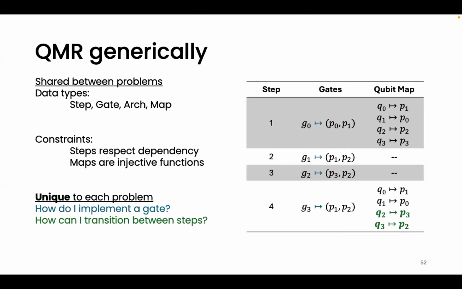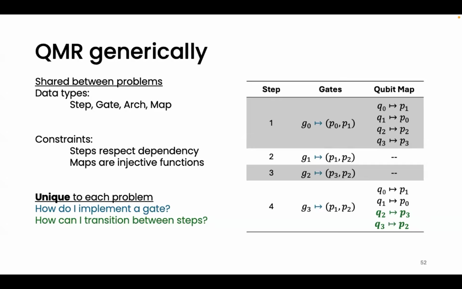What we might notice if we look at this is that we have some things that are general and apply to all sorts of different qubit mapping and routing problems, like this notion of a time step and a gate and an architecture that we'd like to target and a qubit map. And then these constraints: our schedule is some coherent schedule for our circuit, so that your steps of execution need to respect the dependencies that appear in the circuit, and your maps need to be injective functions.